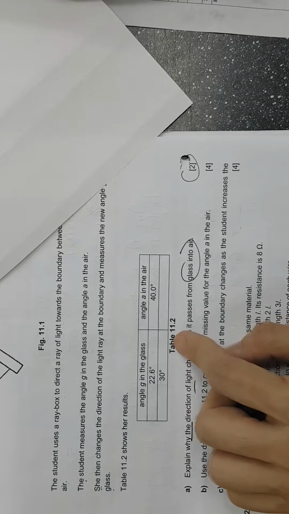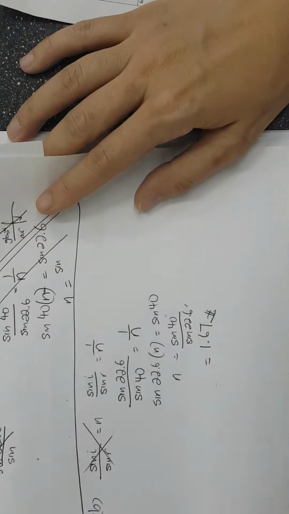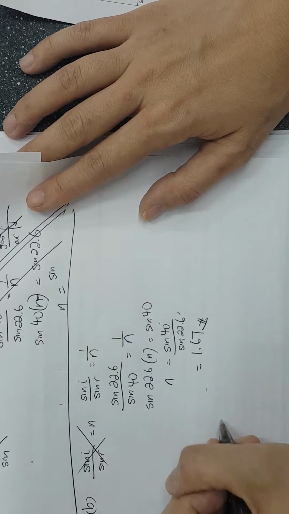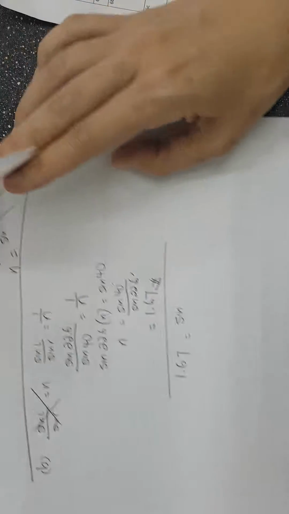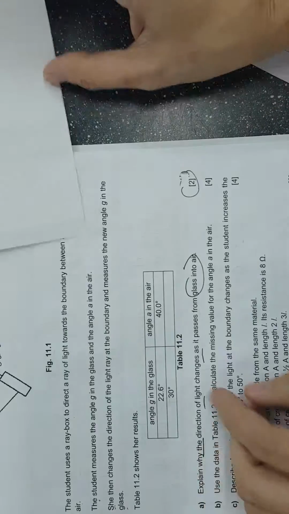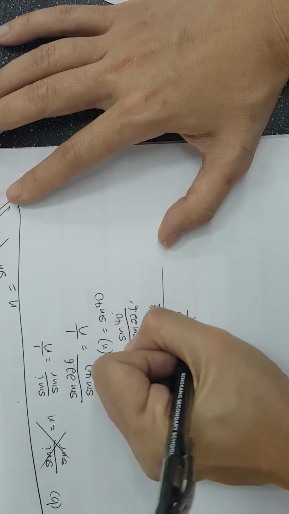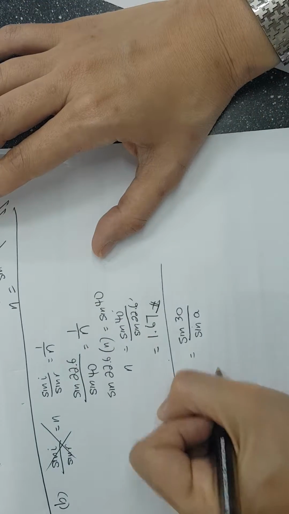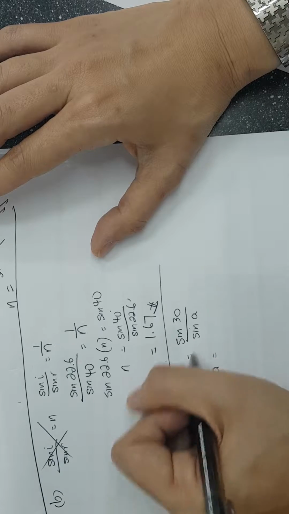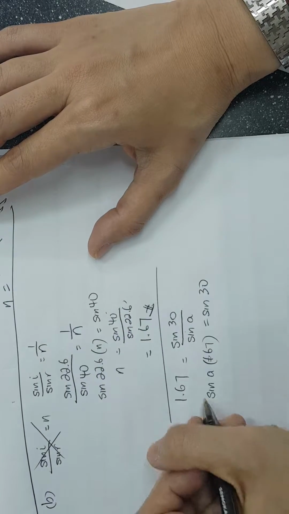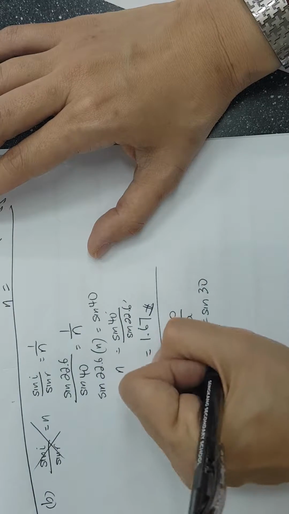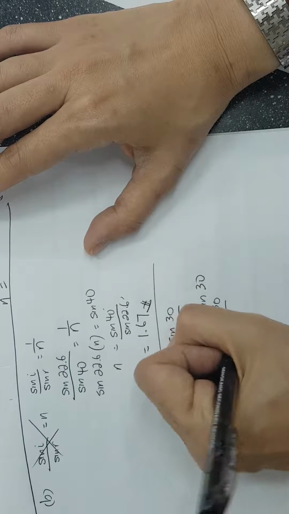Alright, now using this, come back to here. Okay, reapply. 1.67 is equals to sine 30 over sine this angle, your angle in air. So sine r equals to, cross multiply, sine 30 over 1.67.